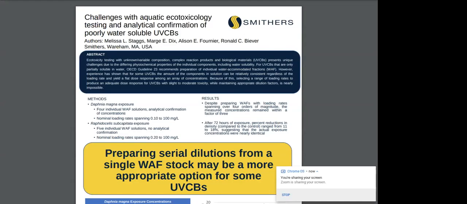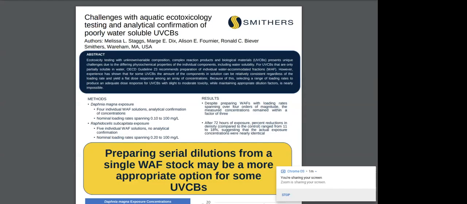The reason for this is that the analytes in a UVCB may have differing solubilities. So the concern is that if you prepare a dilution of a single WAF, you might not actually get a consistent recovery based on these differing solubilities.